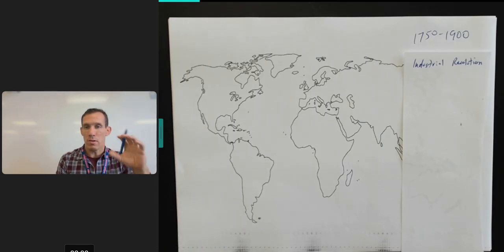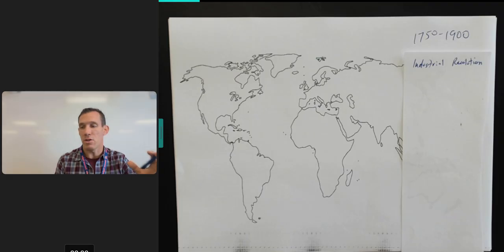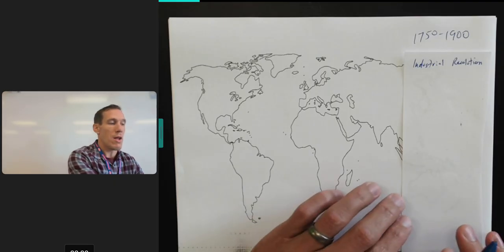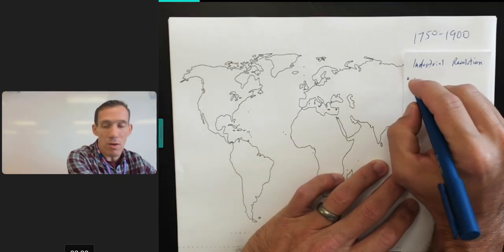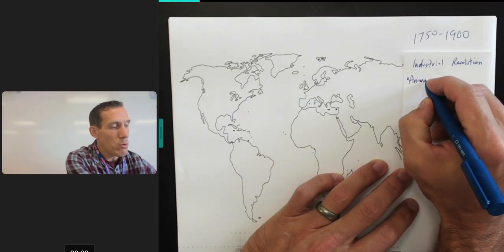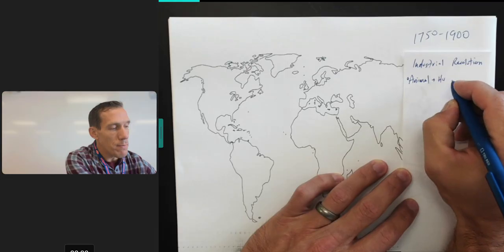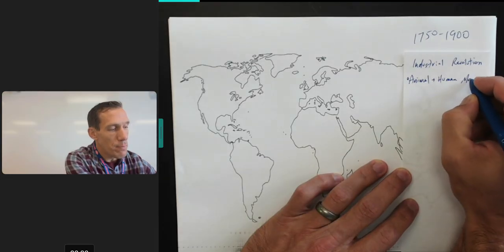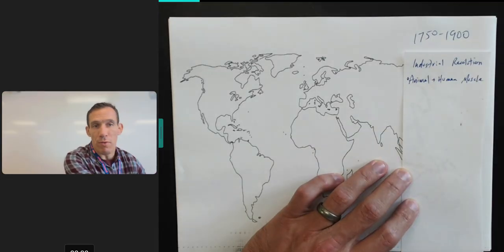Some important things that you need to know. First off, this is the injection essentially of machines into manufacturing processes. One of the key things that happens here is that before this, it was animal and human muscle doing most of the work.